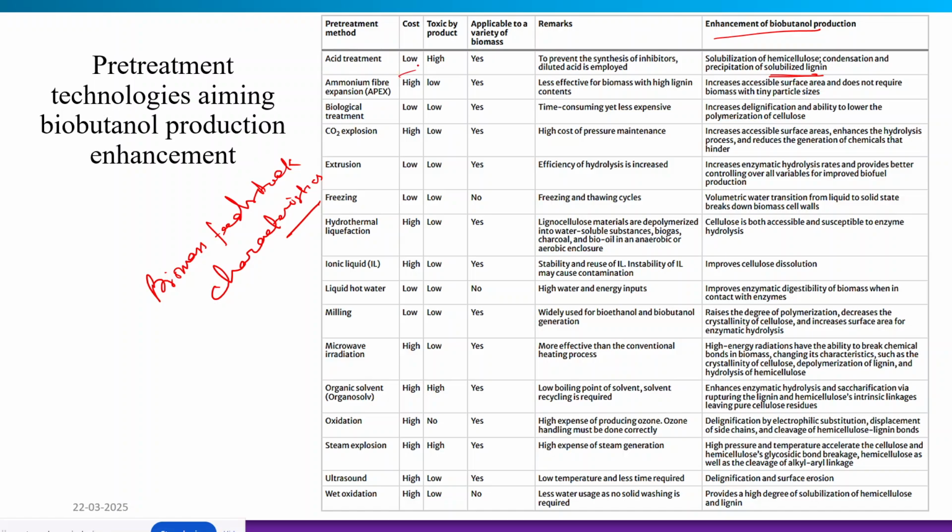It is very low cost, but the toxic byproducts are very high. So it prevents the synthesis of the inhibitor, and dilute acid is employed. Here we mostly use the dilute acid process. We have discussed a few slides back that concentrated acid is very difficult to handle at an industrial level.